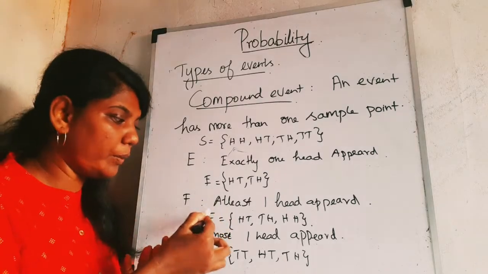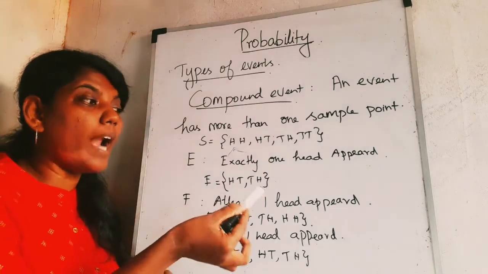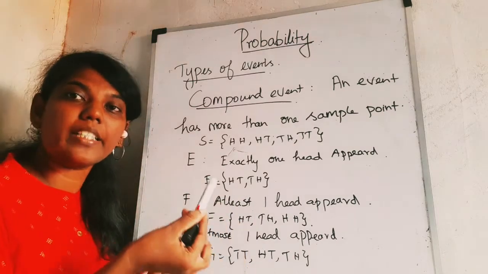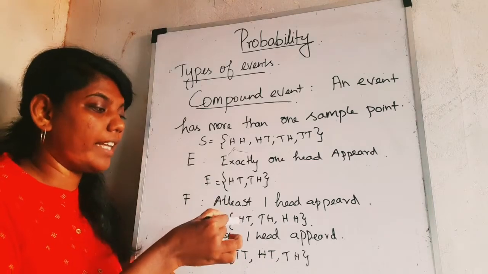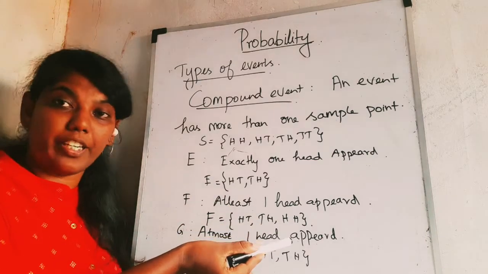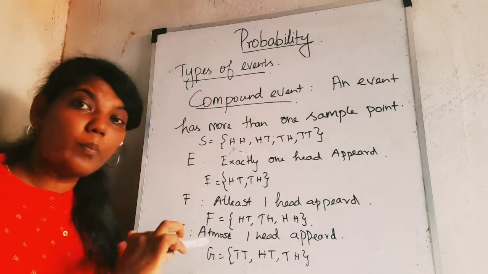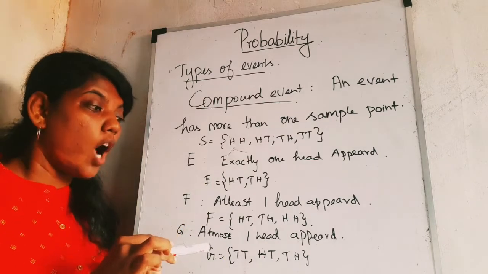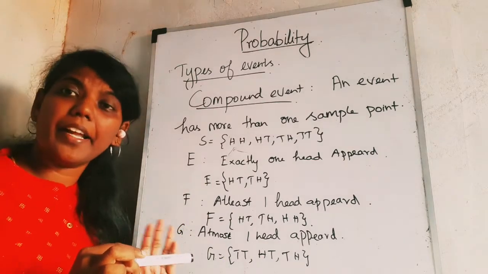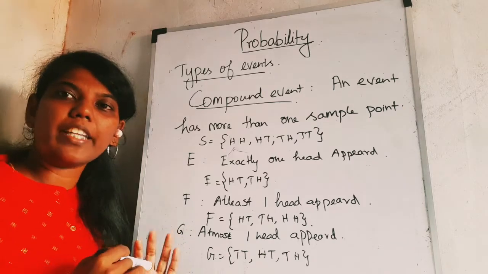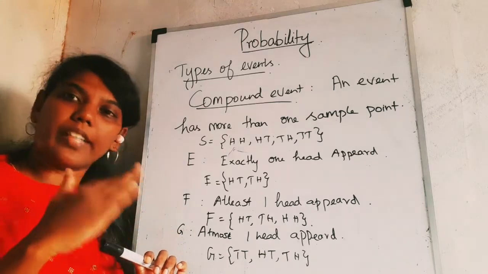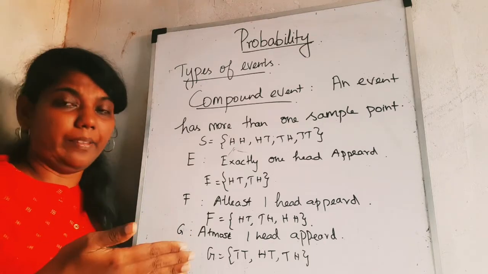Next, the event F: at least one head appears. At least one means at least one should be there, and more than one can also be there. So we take HT, TH and HH. The next one, G, is at most one head. At most means maybe the head will be there or the head will not be there. So we take tail tail, head tail, and tail head.